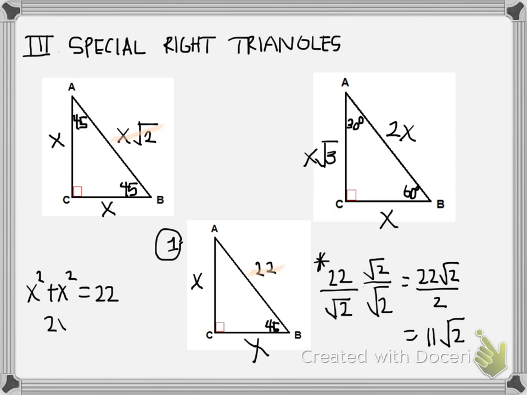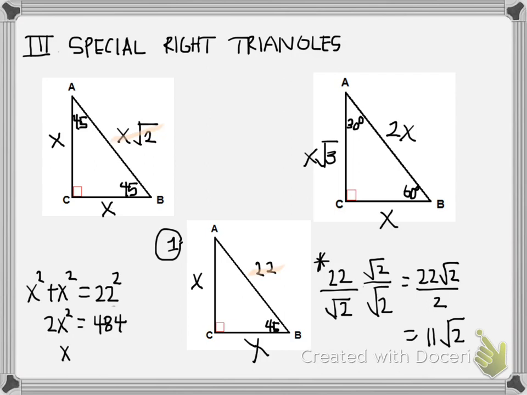So that's going to be 2x squared is equal to 22 squared. 22 times 22 is 484, then divided by 2.